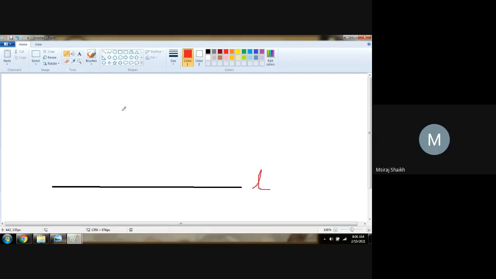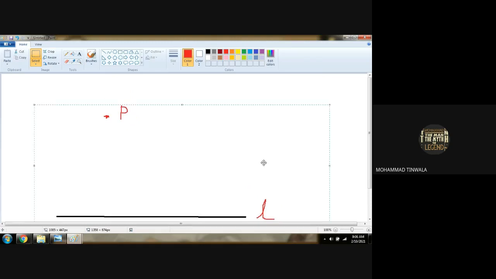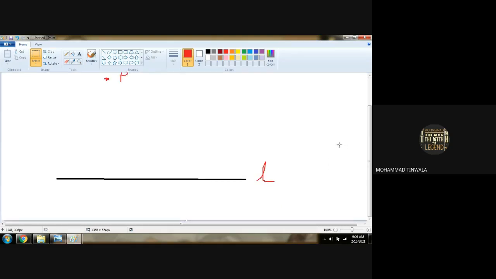P is outside line L. Okay, point P I am taking here, outside this line. Okay, point P taken.